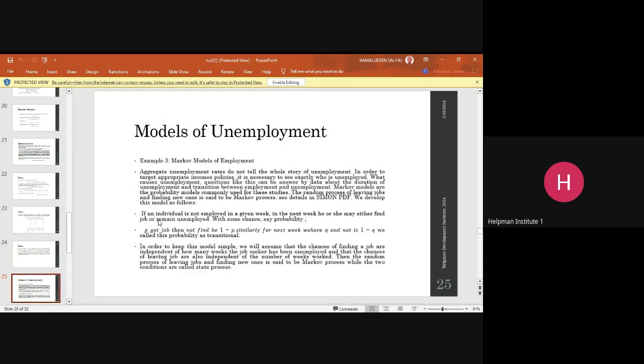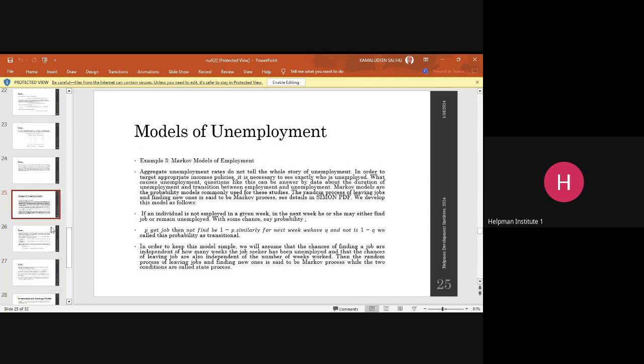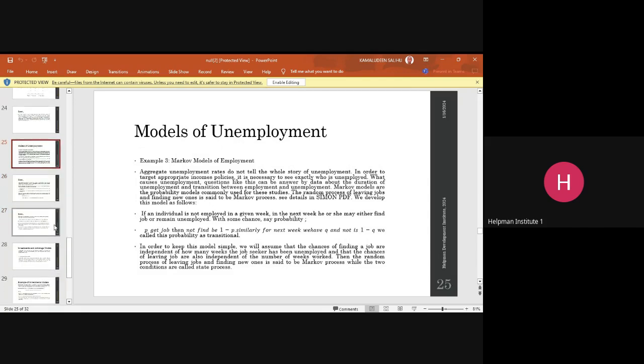So the model of unemployment basically represents the condition of getting a job.